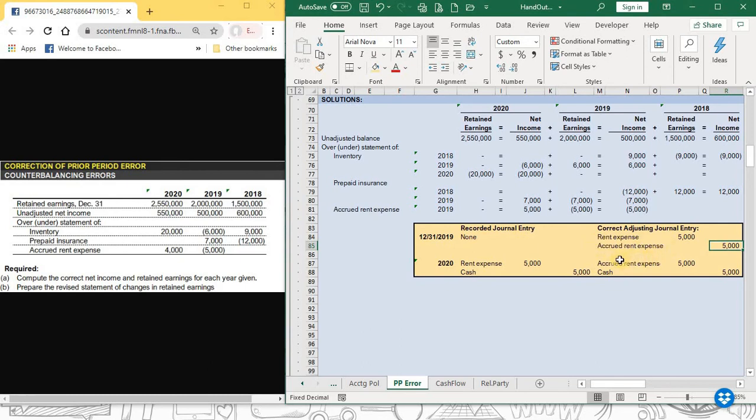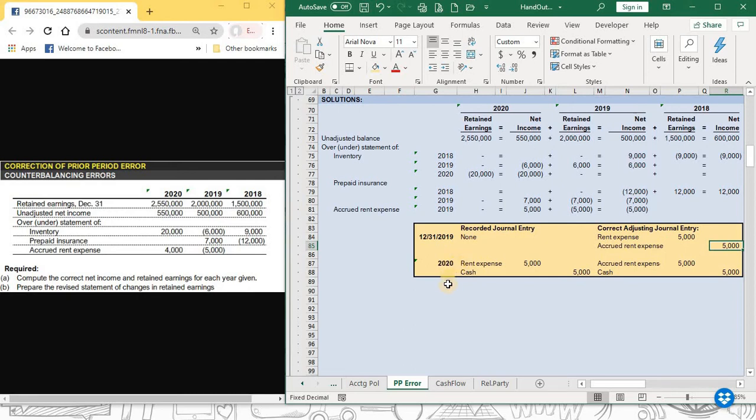However, since the entity failed to record the December 31, 2019 adjusting entry, upon payment of the 5,000 pesos, the entry recorded by the entity is a credit to cash for 5,000 pesos and a debit to rent expense. The entity did not debit the accrued rent expense because the entity did not record any credit to accrued rent expense in 2019.